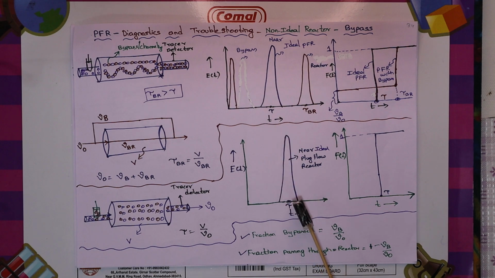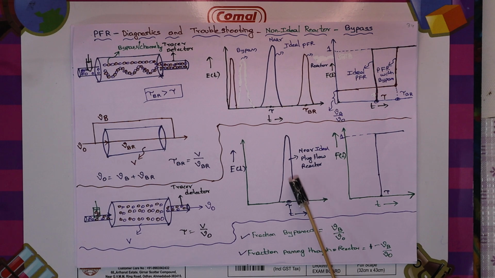Instead of the straight line, I have represented this E of t curve for an ideal reactor. That means it is a very narrow curve. Whatever tracer you have injected, the majority of the tracer comes at only around a very close time. So this is called a near ideal plug flow reactor.